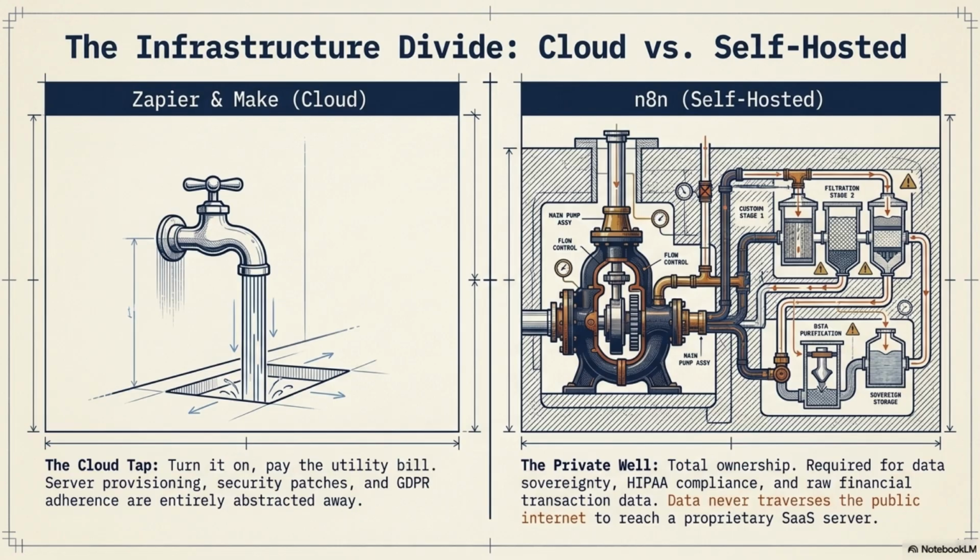So they host themselves. Yeah. By utilizing n8n's self-hosted community edition, the entire automation engine runs securely behind the company's own corporate firewall. The data literally never traverses the public internet to reach a proprietary SaaS server. That makes total sense for an enterprise.